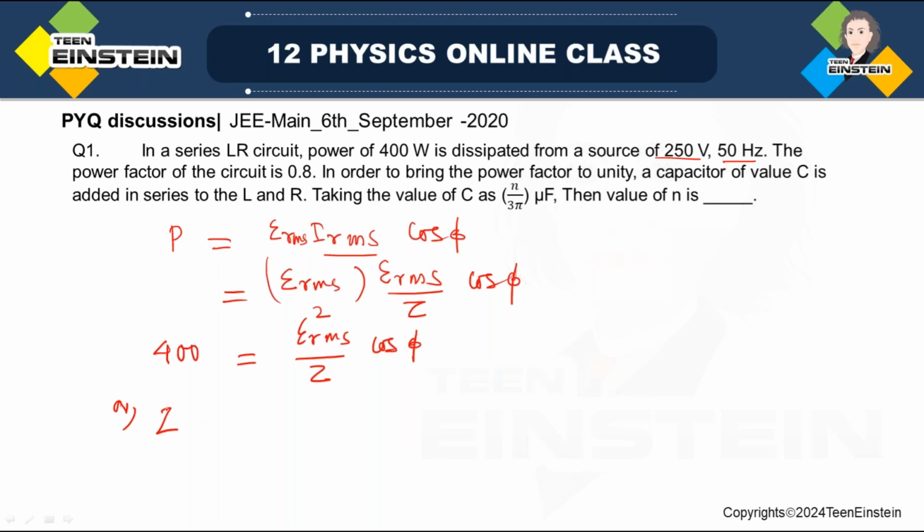So we have to find Z first. Z is E_RMS square by 400 into cos phi, so E_RMS is given as 250, square of that, divided by 400, and cos phi is 0.8.